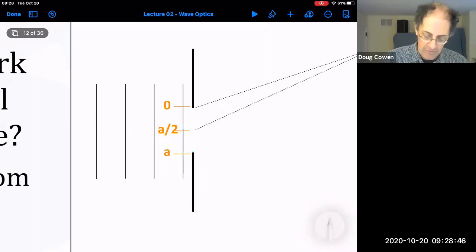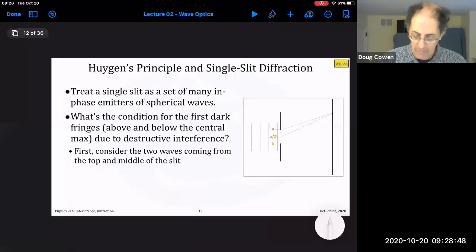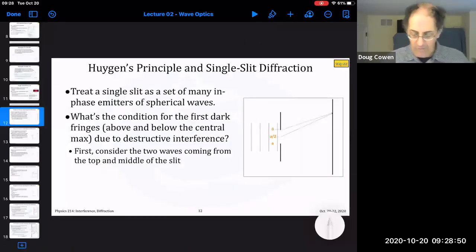So what do we get as a result of that? In particular, what is the condition for the first dark fringe, or fringes above and below the central maximum, due to destructive interference?